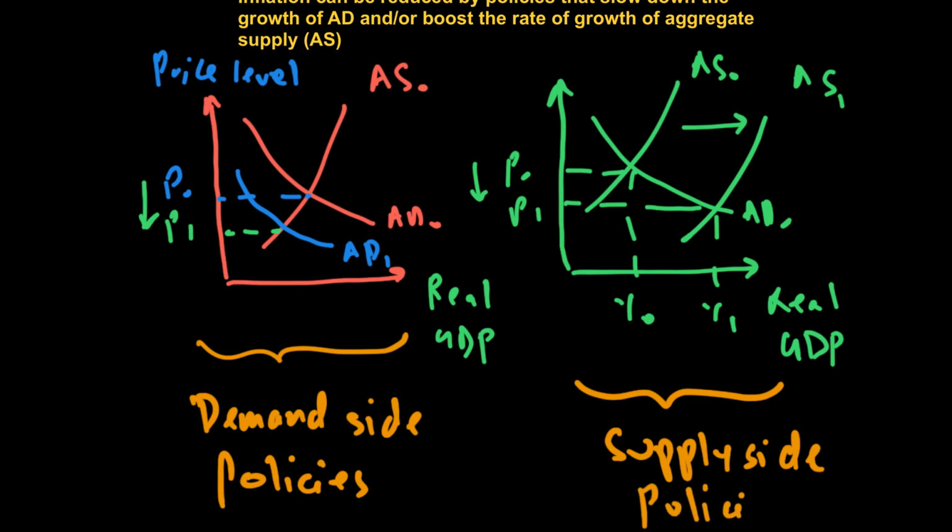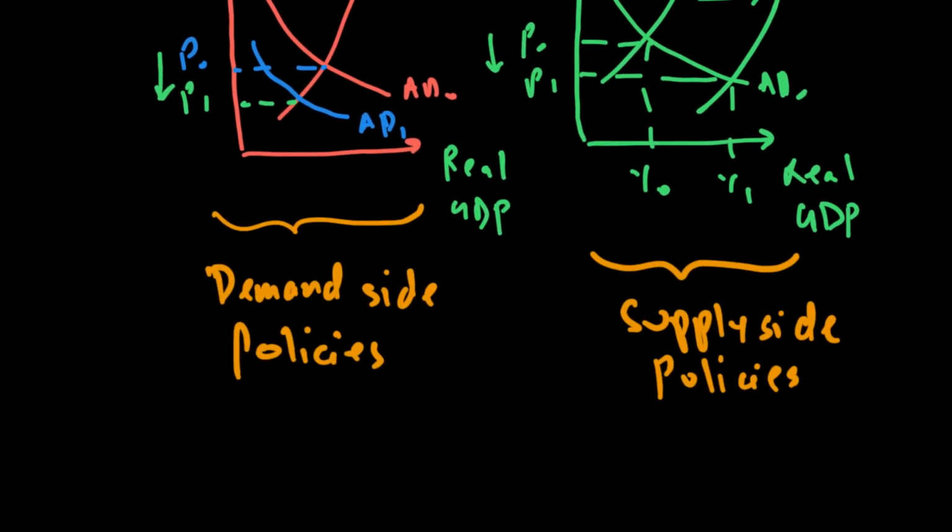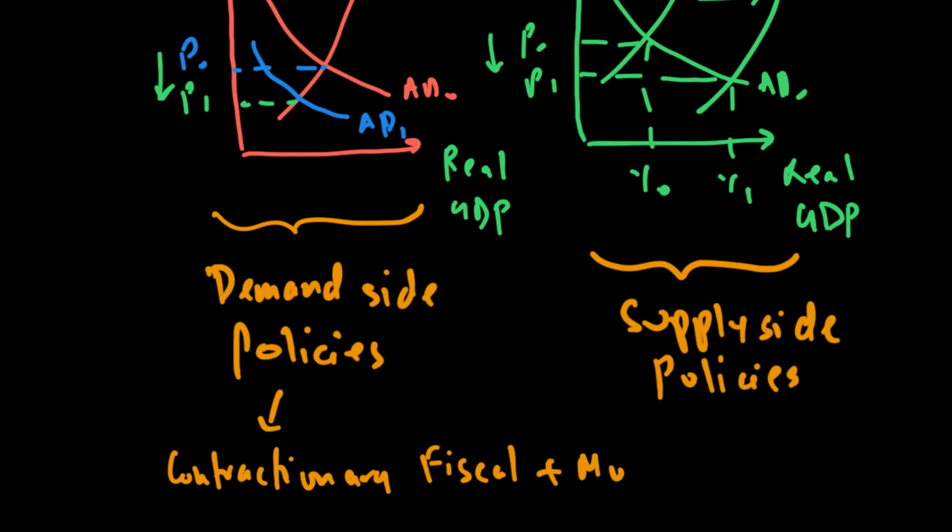And when we look at demand side policies, we're looking at contractionary fiscal and monetary policy. So let's first discuss the demand side policies of contractionary fiscal and monetary policies, which slow down the AD of the economy and result in lower inflation.